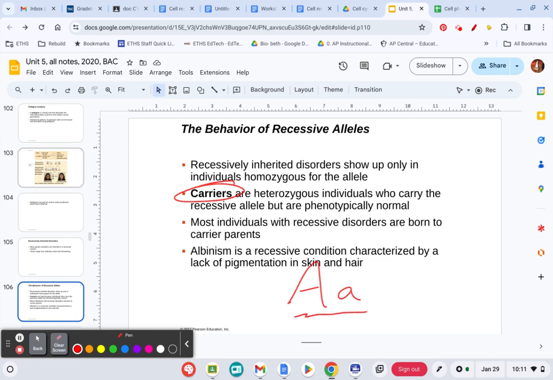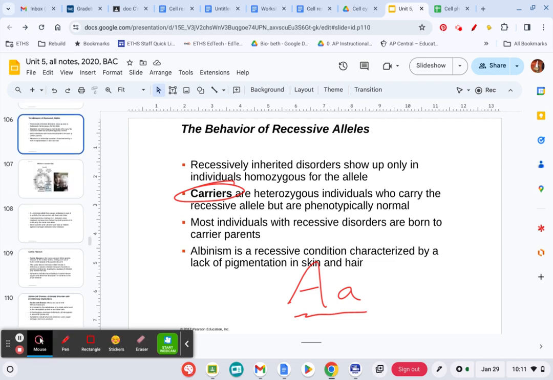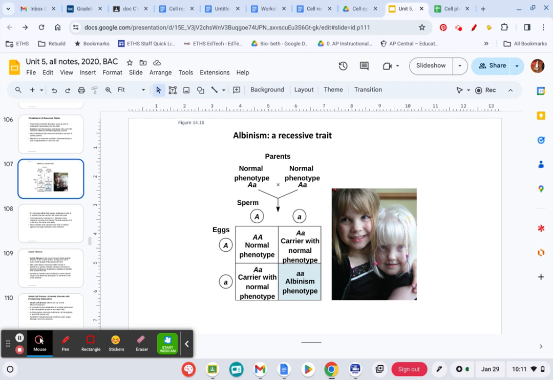And if they have kids with another person who is a carrier, and you might not know it, you can end up with kids who lack pigmentation. Here, this little kid, I'm assuming this is her sister, has the albinism trait, so two recessive alleles.